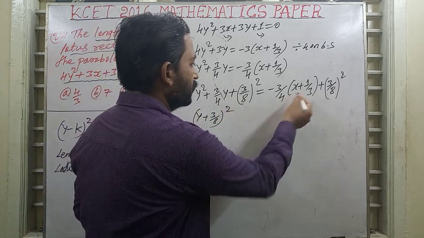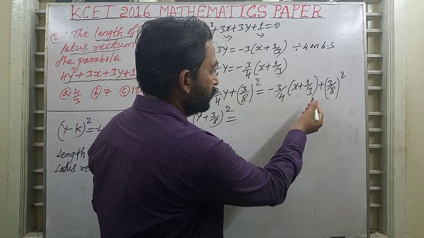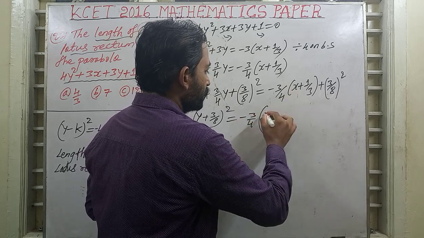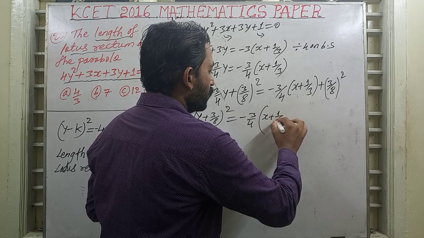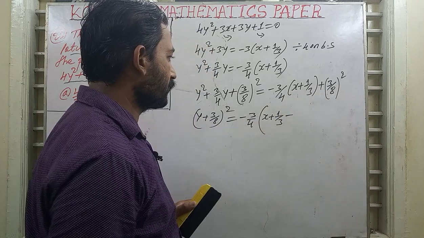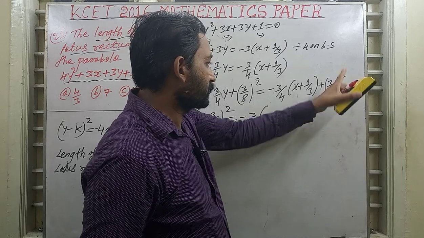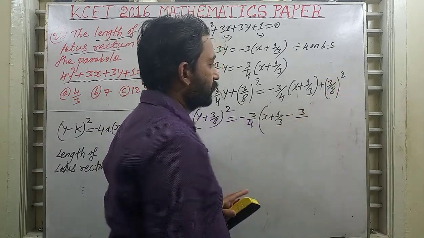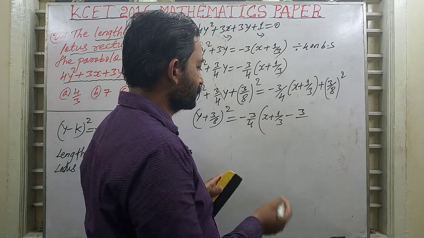On the right hand side, take minus 3 by 4 common outside. In the first term, x plus 1 by 3, and then taking 3 by 4 outside from (3 by 8) square, that is 3 square by 8 square: 3 taken outside, 3 remaining; 8 square is 64, 4 taken outside, 16 remaining.